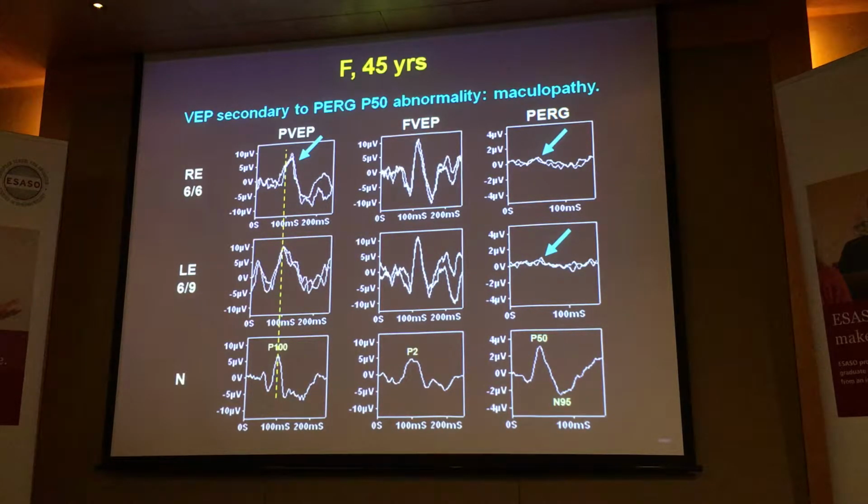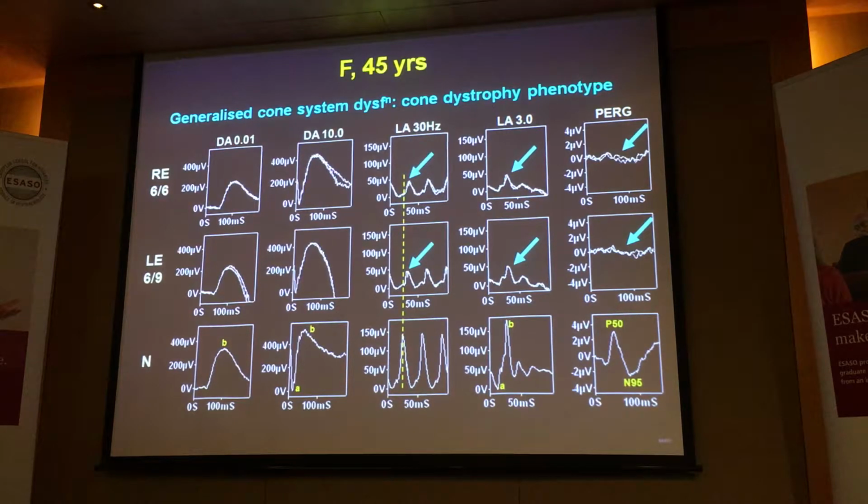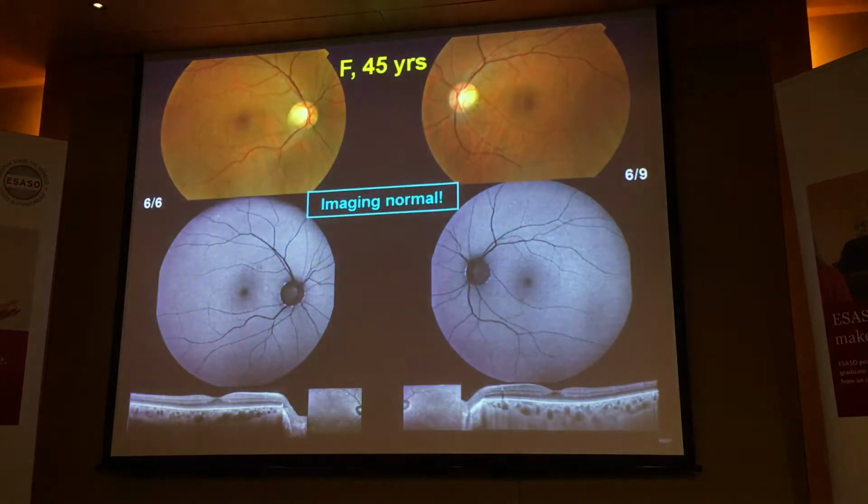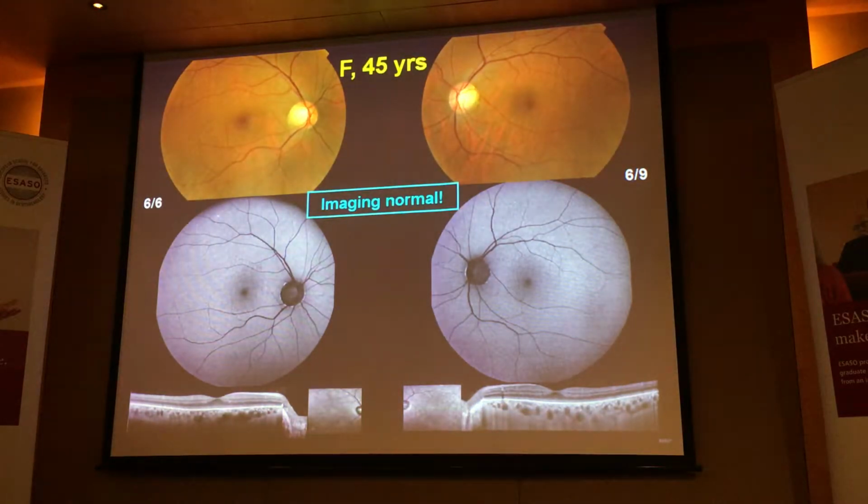You therefore have to test retinal function. Is it isolated macula? Is it generalized retinal disease with macular involvement? So the ERG comes into play. Rods normal, cones, flicker, delayed, reduced, so this is a cone dystrophy. And this is another cone dystrophy with completely normal imaging.